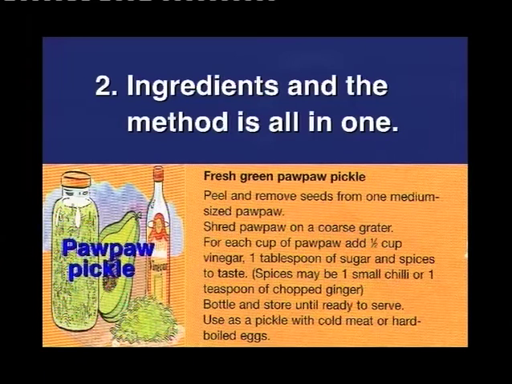Now, our friends who are sitting very close to the screen, group 1, will tell us what type of ingredients are involved in that recipe. What type of ingredients? Let's have Brandon to tell us the first one. Pawpaw.